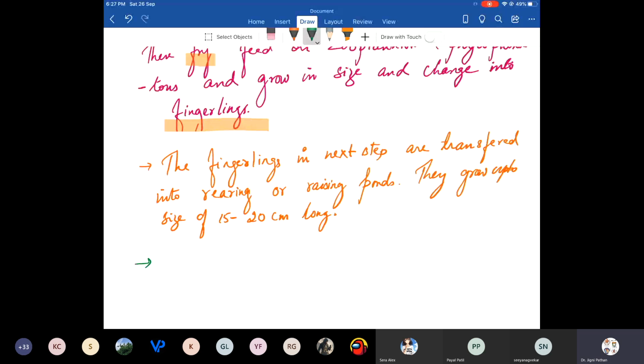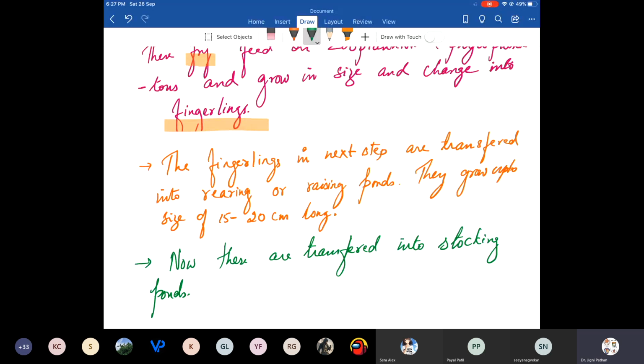Next, these are transferred into stocking ponds.